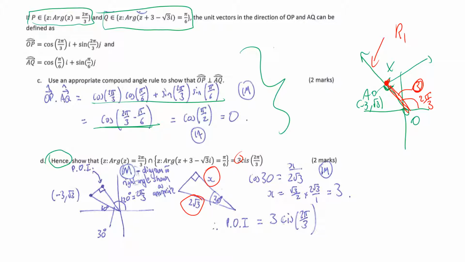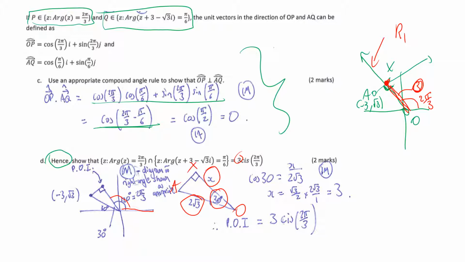X gives me the magnitude of that point. If it was 120 degrees, or 2 pi on 3, from the positive real axis to the first ray, we've already calculated that to be 30 degrees. It's easy to establish that the angle between the line to point A and the line to point X from the origin must be 30 degrees, so AOX has an angle of 30 degrees.